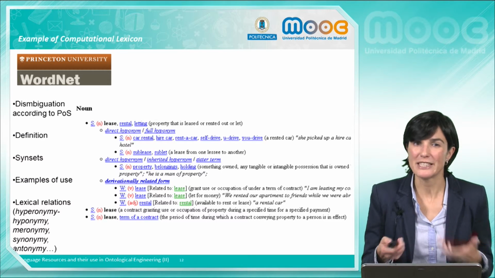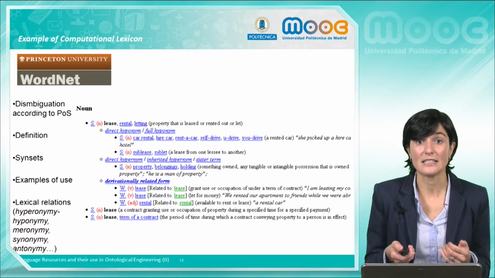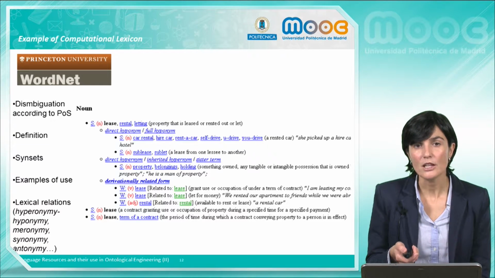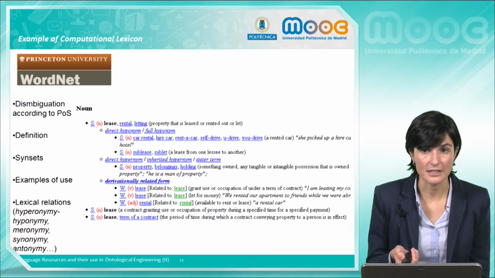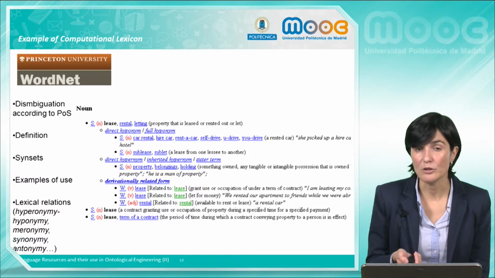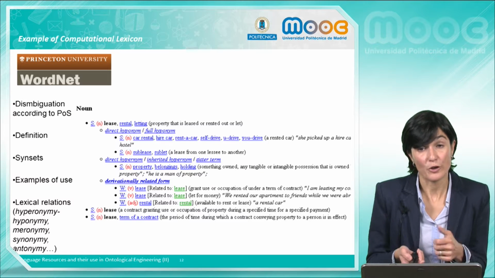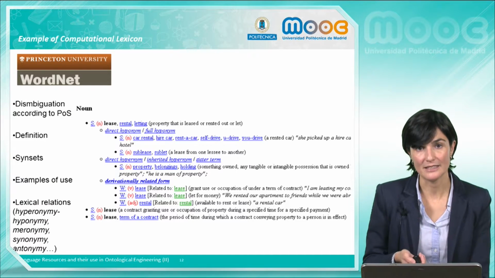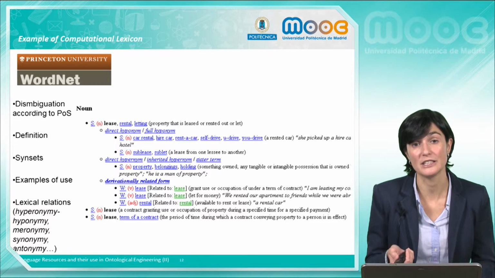Then there are the traditional lexical relations, synonymy and antonymy relations. So you will agree with me that such relations can be of interest in ontology building. In fact, let me tell you that WordNet is one of the most popular resources in the semantic web.